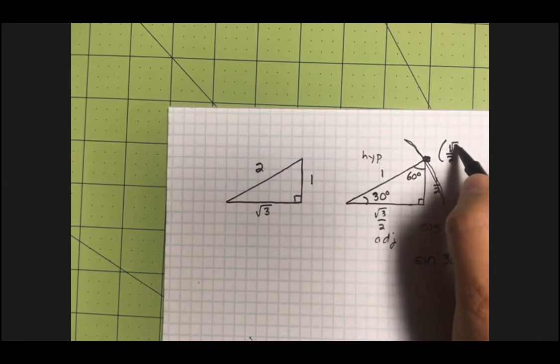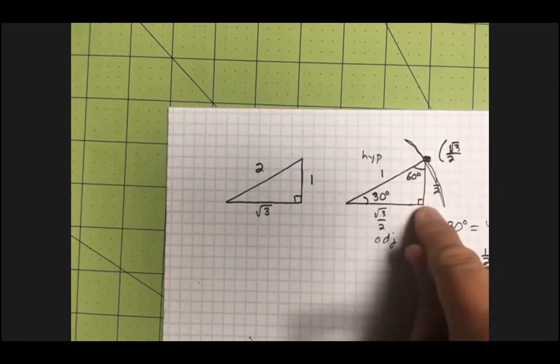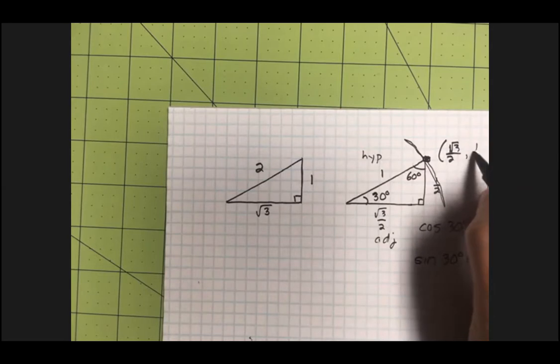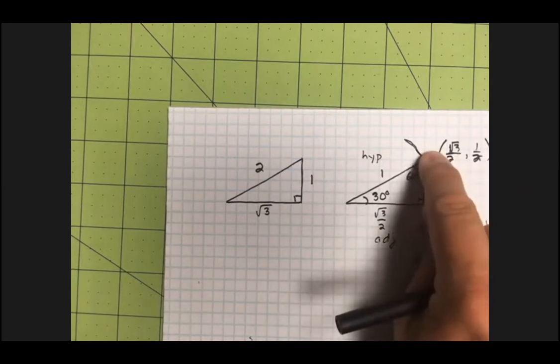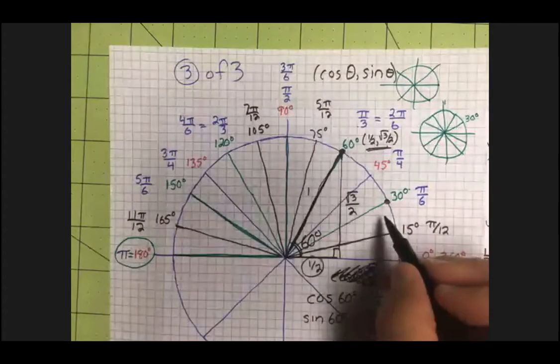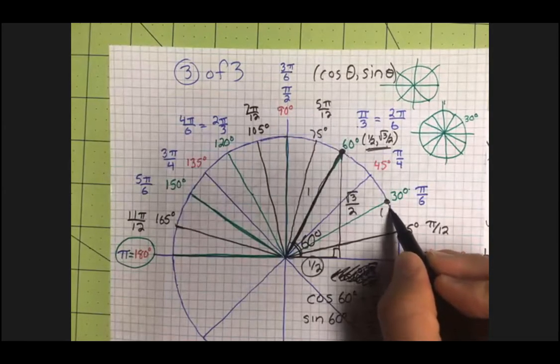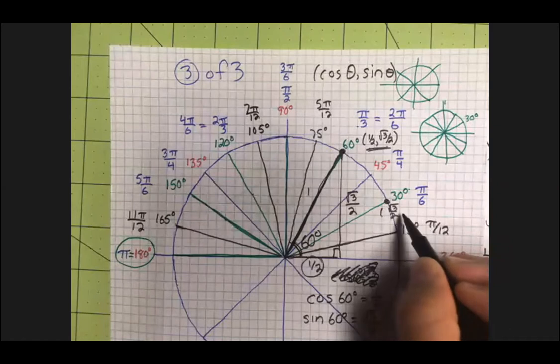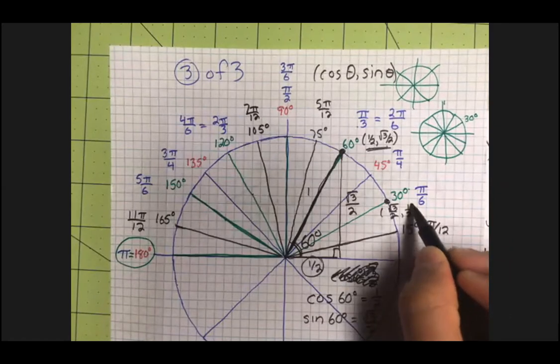Root 3 over 2 over 1/2 up. That's the name of this point on the unit circle. Root 3 over 2 and 1/2 up.